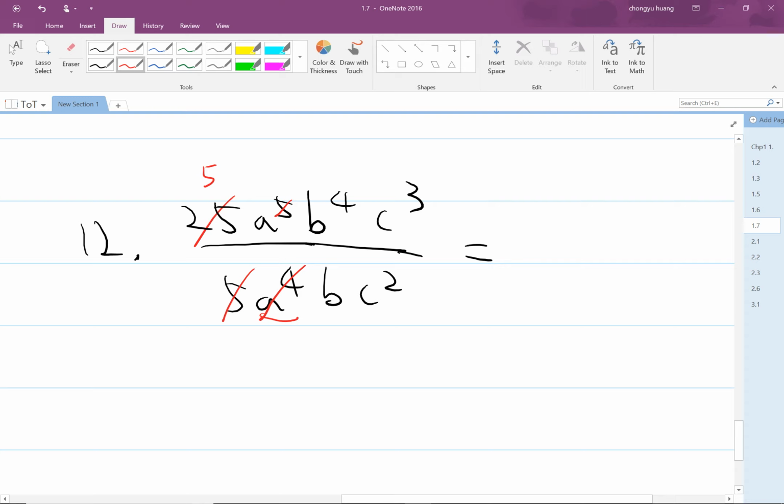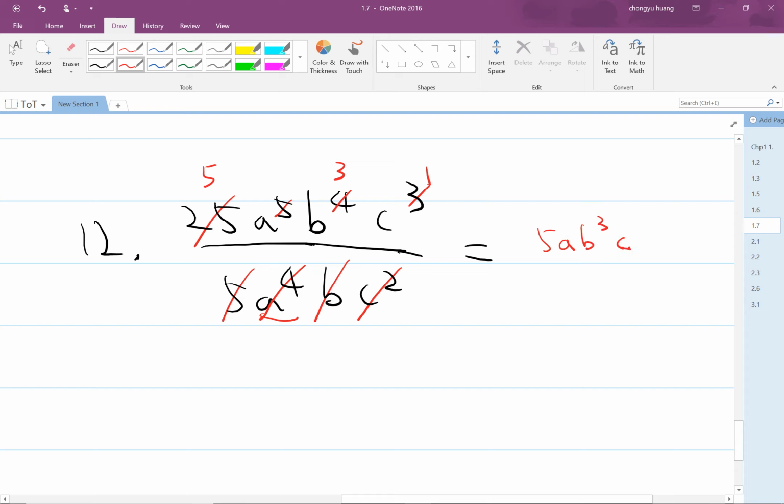Of course here it's a to the power 5 minus 4, so it's going to be a to the power 1, right? And then for b, it just gets cancelled, and 4 minus 1 becomes 3, right? And then what about c? c just simply gets cancelled, and then 3 minus 2 is also equal to 1, right? So now we have the answer: 5, a, and then b to the power 3, and then c.